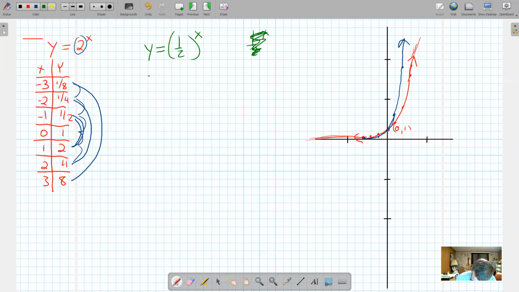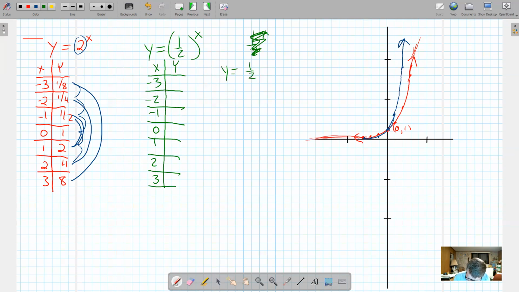So again, let's use a table of values. X, y, -3, -2, -1, 0, 1, 2, and 3. Things are going to be a little trickier here. If x is -3, y equals 1/2 to the -3 power. That would be 2 over 1, the reciprocal, to the +3 power, which is just 2 cubed or 8.